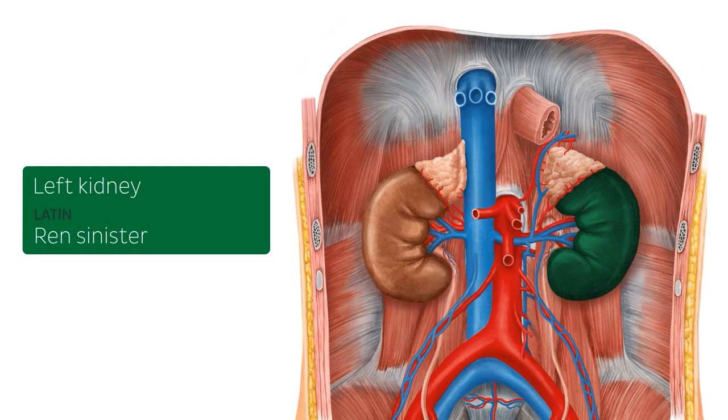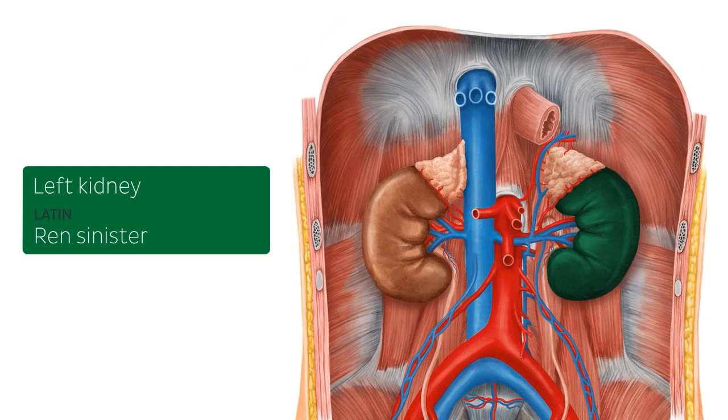Now, each kidney has a hilum, which is this area right here where the main blood vessels will enter and exit, including the ureter, as you can see here. They also have a superior and inferior pole, a cortex, a renal sinus, which is the initial widening of the ureter. But all these structures, we talk about them in a separate tutorial where we explore the actual structure of the kidneys.